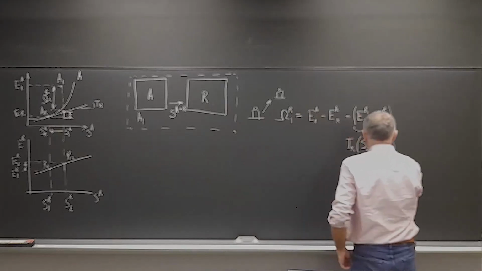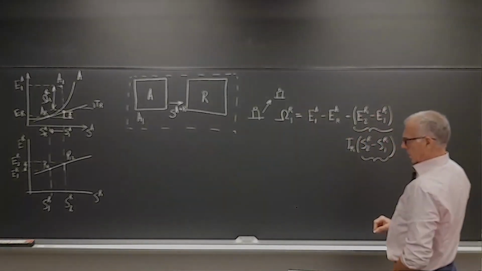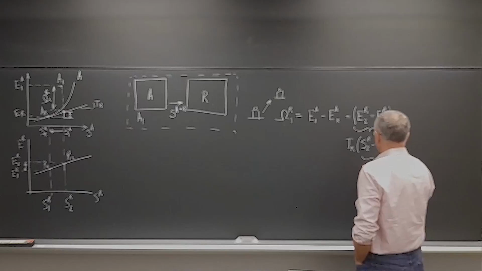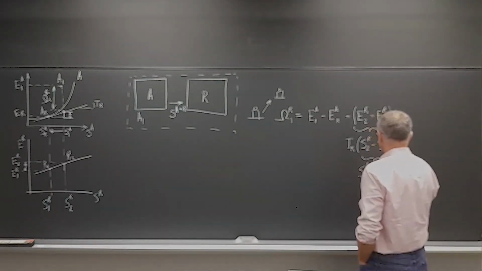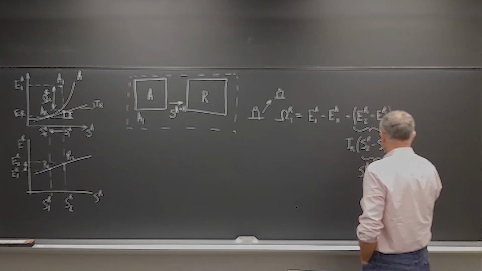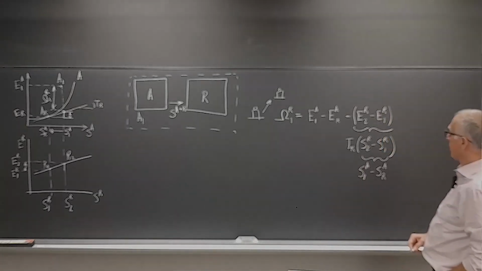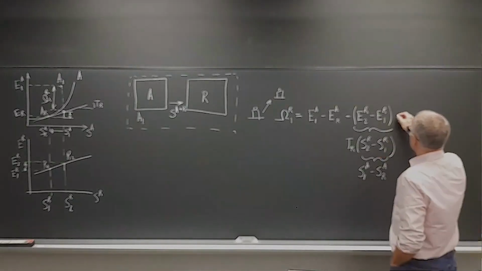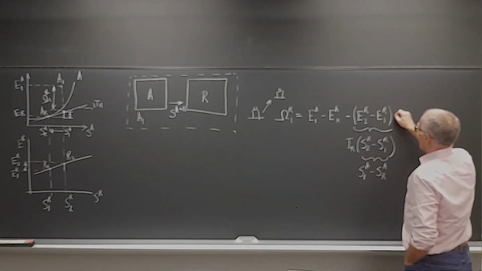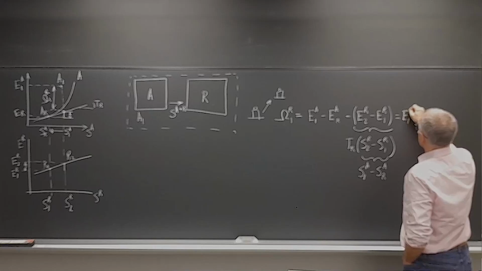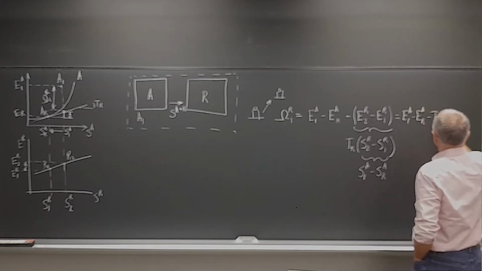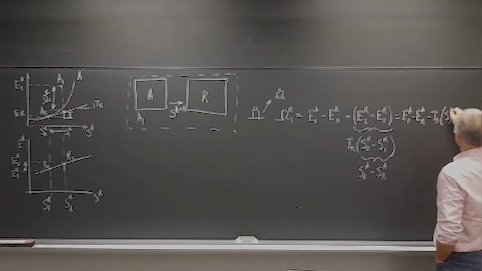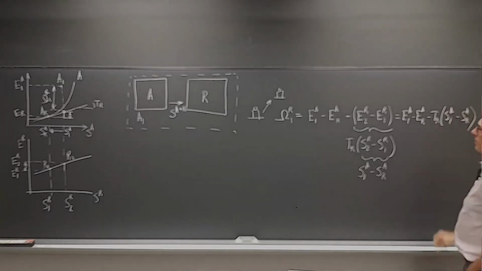So S2R minus S1R is equal to S1A minus SRA. Okay. And so we finally get the expression for the available energy that we have. We wanted to represent graphically. Okay.